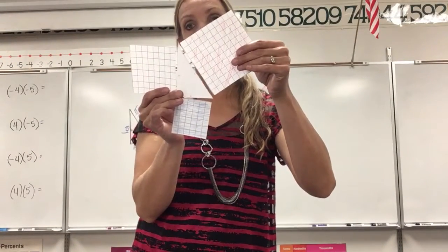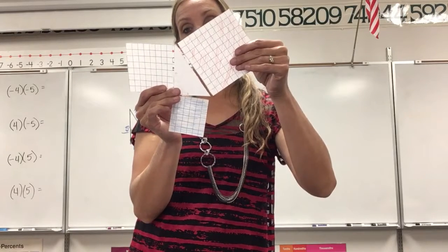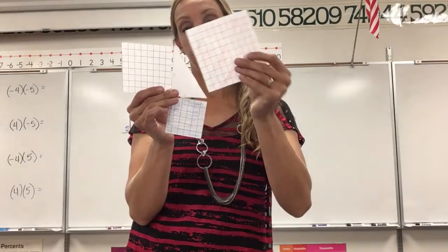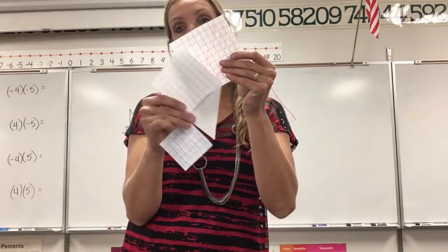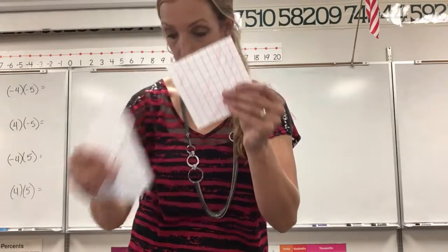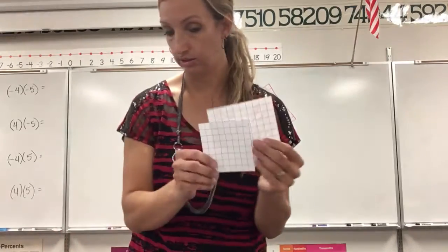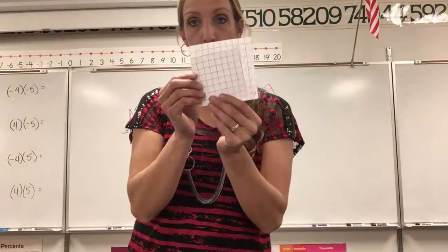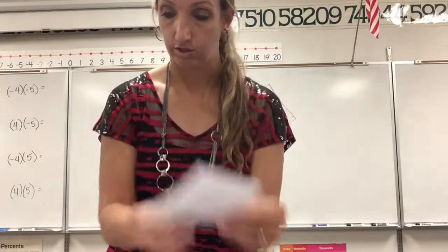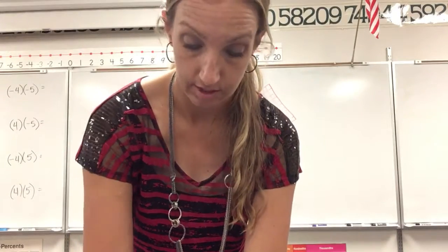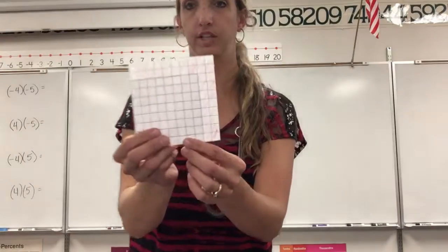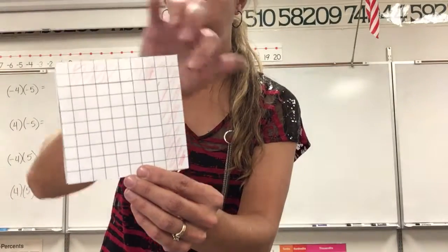Okay, so the whole idea is if I take these two smaller squares, this one and this one, and lay them on top of this bigger one, you will see something amazing happens. See if I can do this. So I'm going to overlap this. There. I took my 8 by 8 and covered up my 10 by 10 as much as I could. But you see that I still have some red showing around there.